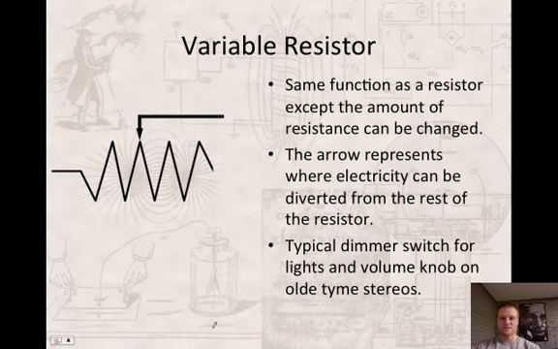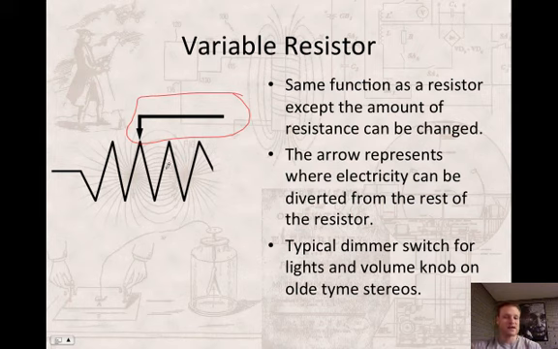A variable resistor really serves the same function as a plain old resistor. The only difference between this picture and the picture in the previous slide is that I've added an arrow in. That arrow indicates that we can change the amount of resistance that this resistor applies. A really good example of this would be a dimmer switch. If any of you have dimmer switches at your house, as you slide the switch up, the lights get brighter, and what the resistor is doing is allowing more current to flow through the circuit so that you have brighter lights.